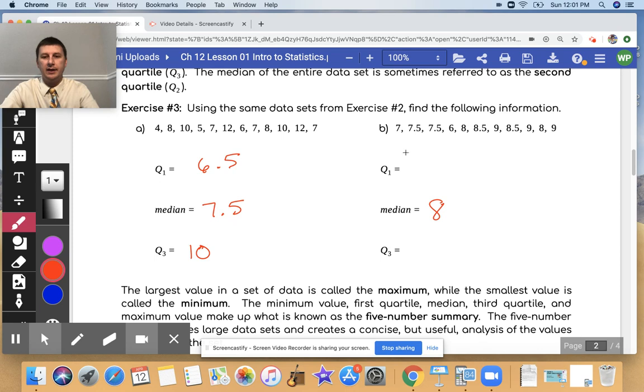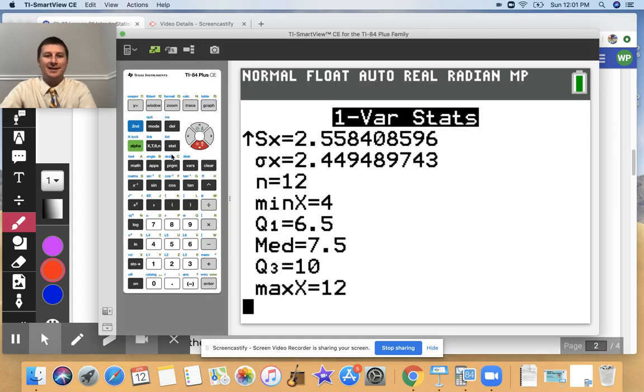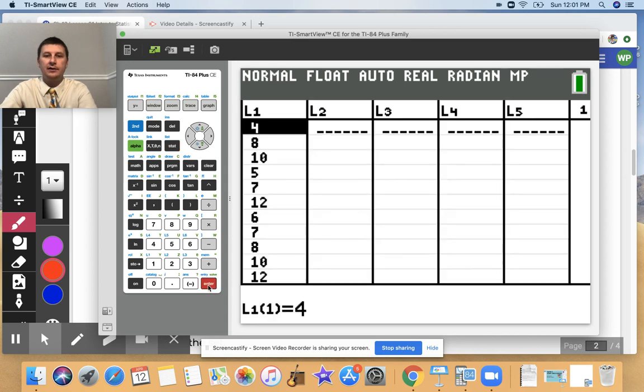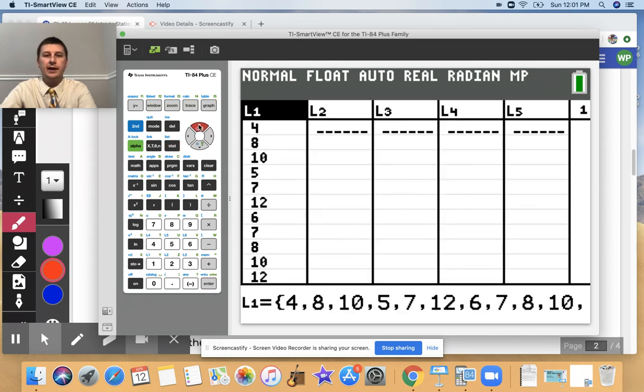Okay, and again, we're going to do that again with set B. So we're going to go back to Stat and Edit. To clear out a list, we're going to go up and highlight list 1. To clear the list, we're going to click Clear, then Enter.